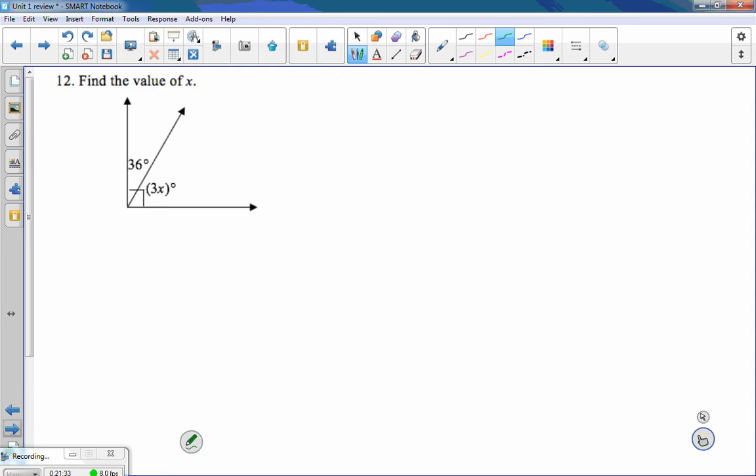How would I set up this equation? What is the key information in this picture? 90 degrees. So they add up to 90. So your formula should be something similar to this. You're adding it up to equal 90.